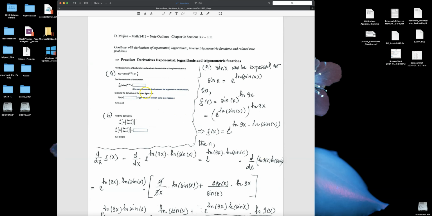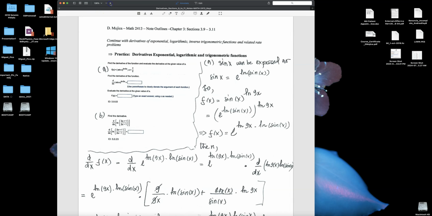Okay, so let me open this one. The first one is this. You have here a function that is one function raised to another one. So you have a function f(x), which is one function, let's say g(x), raised to another function.